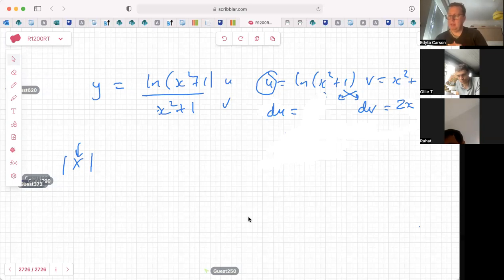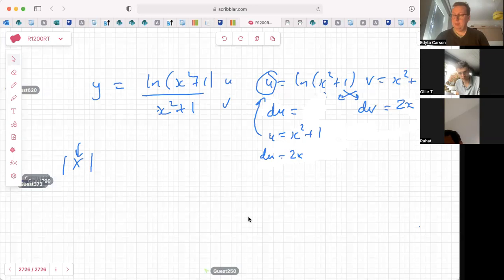And then we've got to differentiate log x squared plus 1 as a composite function. So I'm going to let u equal x squared plus 1. So that's what I was saying here, that we shouldn't really use u because I'm using it for the function itself. But just within this little problem, I'm going to cheat a bit. Differentiate that.